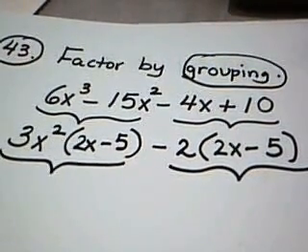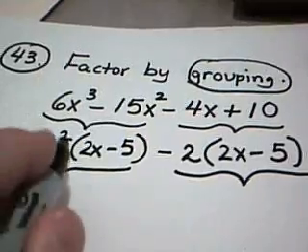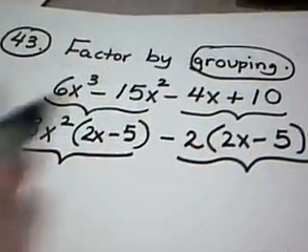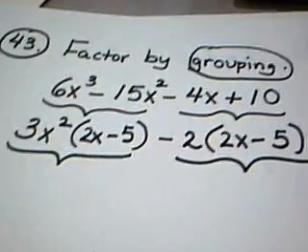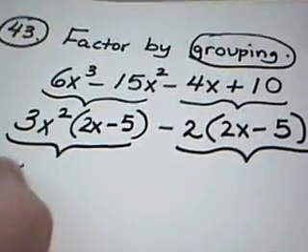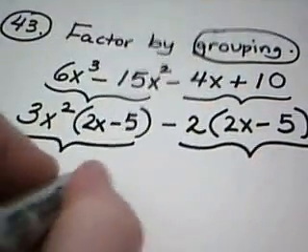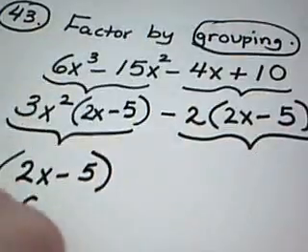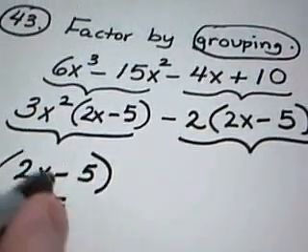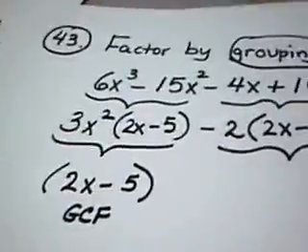So that means that the greatest common factor of term 1 and term 2 is 2x minus 5. So we're going to pull that GCF out in front. That's my greatest common factor. I'm going to pull it out in front one time.